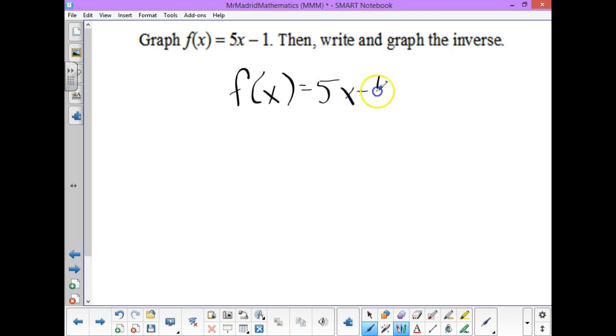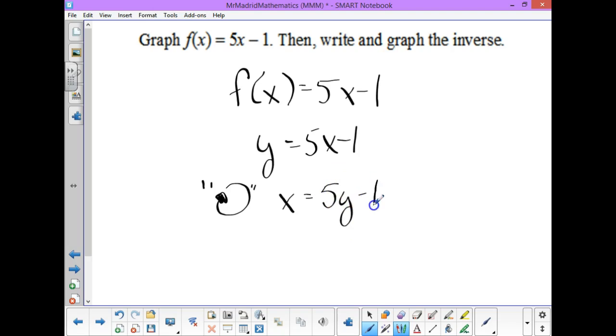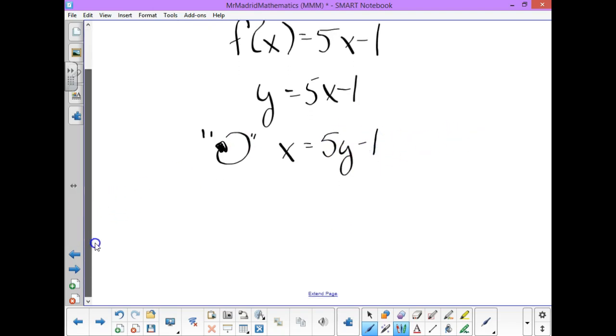perform this inverse process. Okay, so we got y equals 5x minus 1. Right? There's our little symbol here. And we've got x equals 5y minus 1. Let's go and solve for y. This time I'll do the math a little fast. I'll add 1 to both sides.